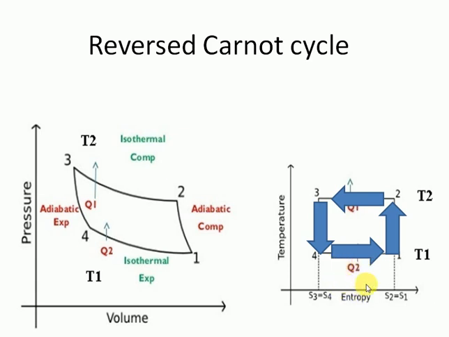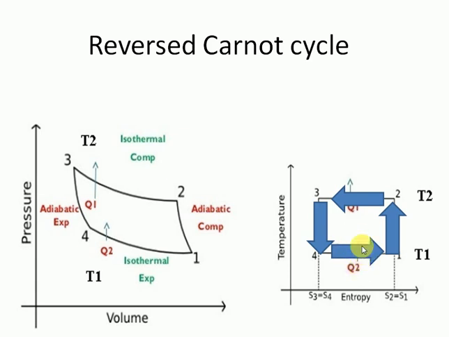that is Q2. The process 1 to 2 is carried out in a compressor, 2 to 3 in a condenser, 3 to 4 in an expansion device, an expansion valve, also called a capillary tube. And the 4 to 1 process is carried out in the evaporator.